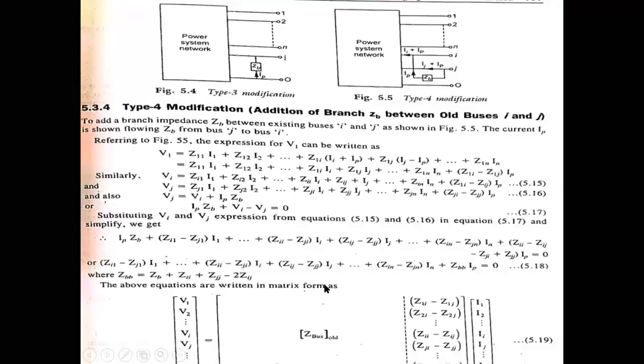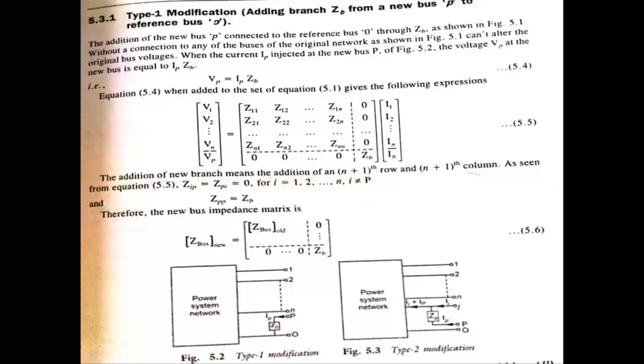In the formation of the Z bus, we definitely follow these types. By observing the problem and adding the branches one by one to the network, we observe which type of modification it is: type 1, type 2, type 3 or type 4.